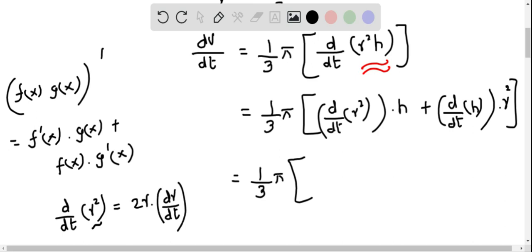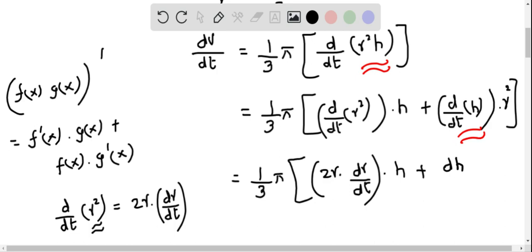So the derivative of r squared with respect to time is 2r times dr over dt. Let me write that here, 2r dr over dt, and then we have h as the product. Then similarly we differentiate h with respect to time. It's just a single variable h, so the derivative of this will be dh over dt, and then we have the r squared term.